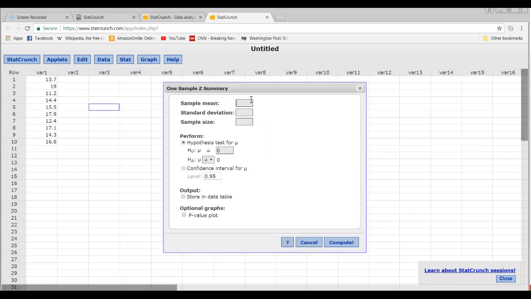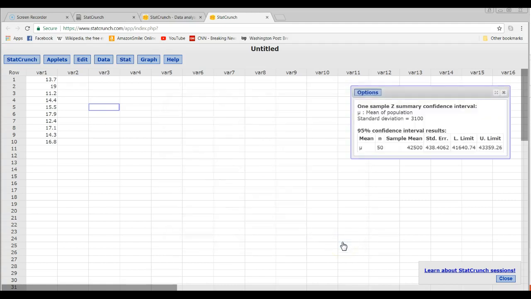So we just enter the values here, and in the problem it said that the mean was 42,500. It said that the standard deviation was 3,100, and it said the sample size was 50. And what we want is a confidence interval, and it's set at 95%. So we're going to leave it as 95%, and we're going to hit compute.